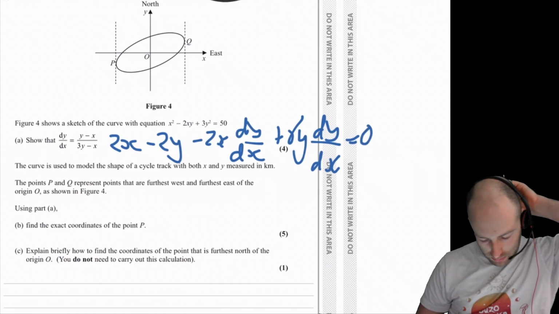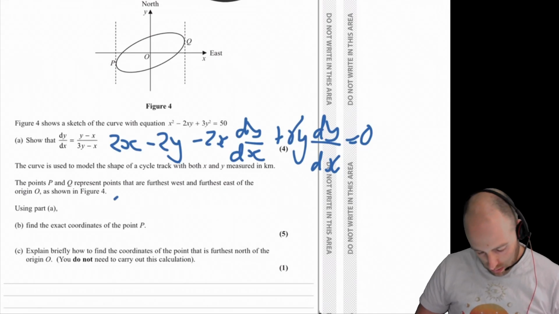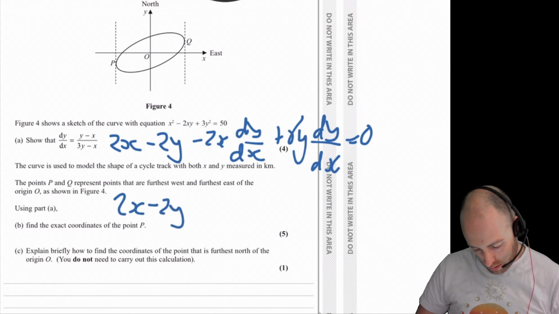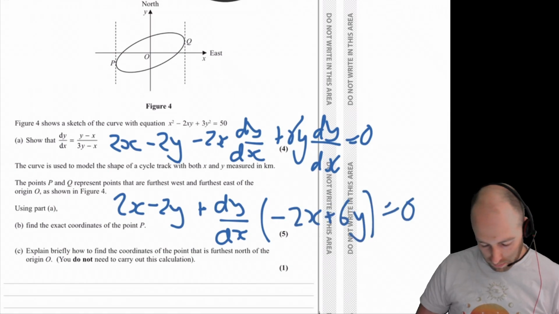So there's the differential. We just need to rearrange this to get dy/dx on its own, so I'm going to factorize. 2x minus 2y, plus dy/dx times minus 2x plus 6y, equals 0.